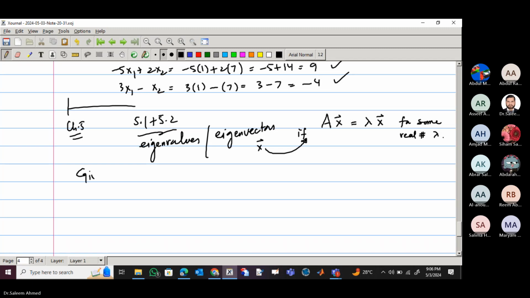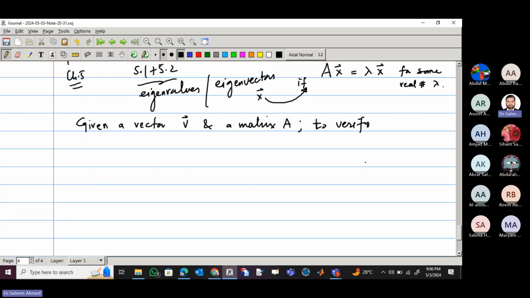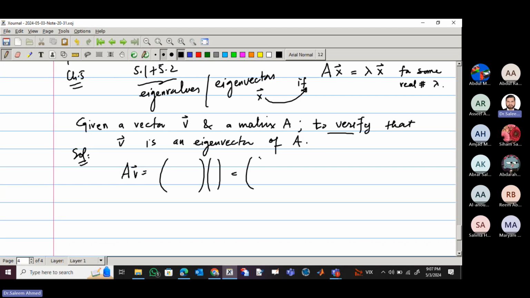If they give you a vector, let's say V, and a matrix A, and you have to verify that V is an eigenvector of A, what you have to do is just multiply A with V. We will write a matrix A, we will write a vector V, we will multiply and get a vector.